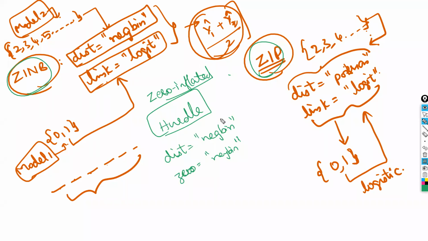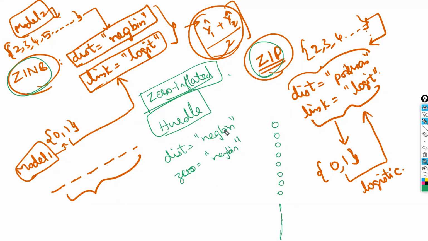So this is the difference. One thin line of difference is in zero inflated models, your model will look at all the zeros and ones, and only if the number of zeros is more than a specific proportion, then it will take the zeros out.